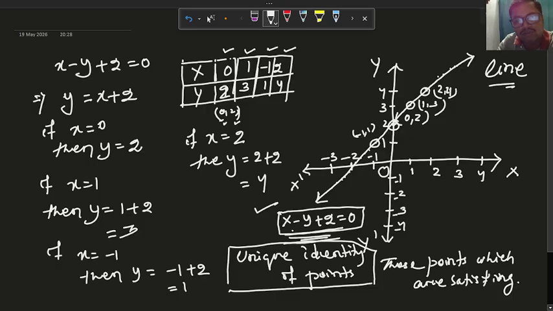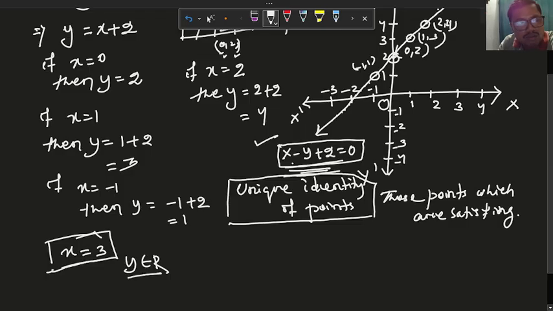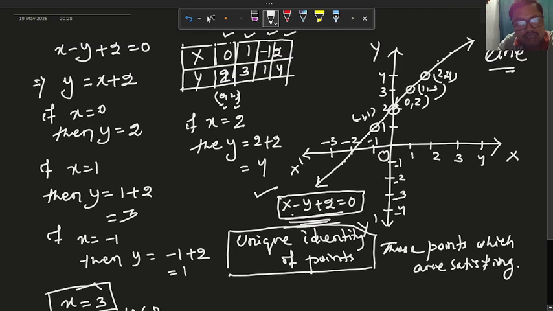Okay. So, again, if I draw another equation, suppose x equal to 3. X equal to 3 means, what is the value of y? That means if only x equal to 3 is given as an equation, then y belongs to R. Y belongs to R means y can change its value.